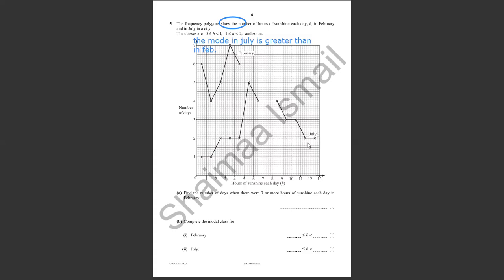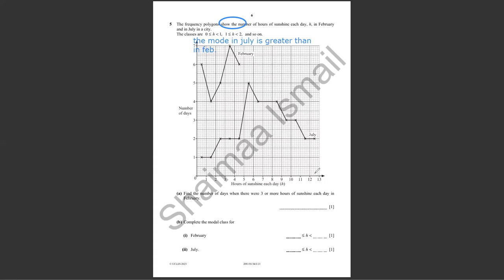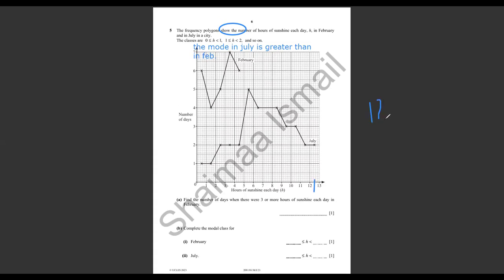The greatest number of hours here was 12.5, so the range in both July and February.